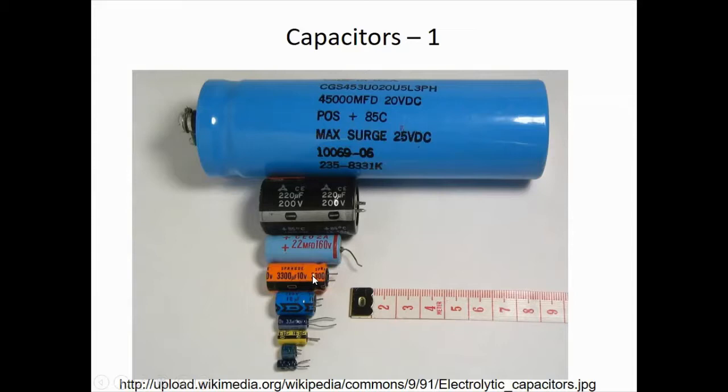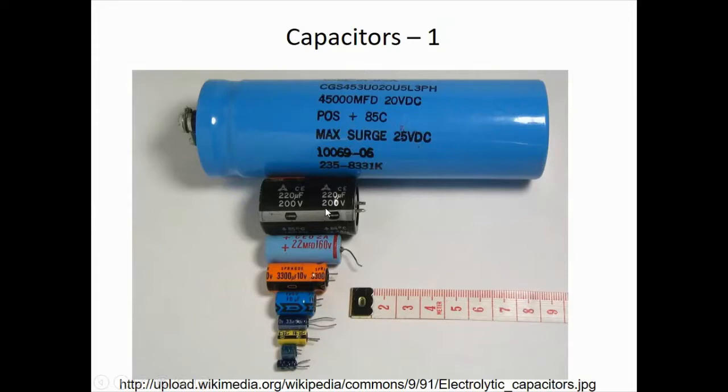If I want the same 3300 microfarad in a non-electrolytic version, that will be much larger in size. But at the same time, these two capacitors can operate up to 200 volts. This is 200 volts, this is 160 volts, this is only 10 volts.